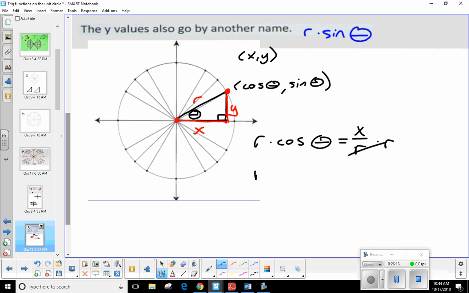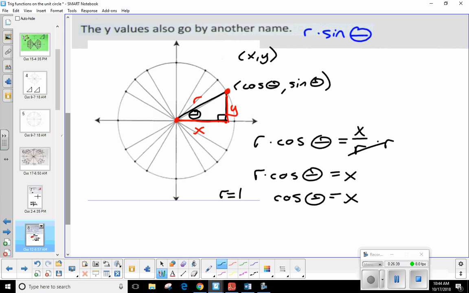So those cancel. R times the cosine of theta is equal to x. But remember, why do we call it the unit circle? The radius is 1. So if the radius is 1, what's 1 times anything? So I now know cosine is my x value.